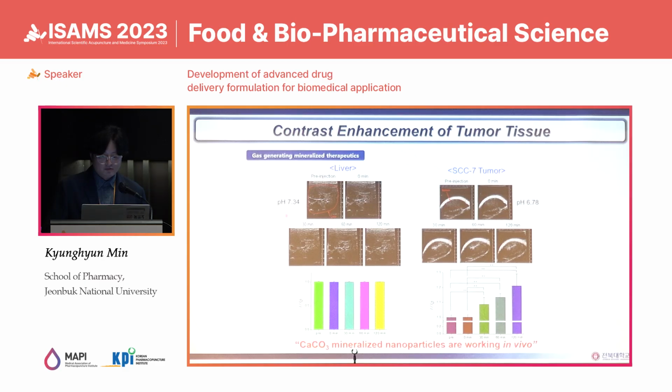At the liver tissue, there is no variation in the ultrasound signals. On the other hand, at the tumoral tissue, the injected nanoparticles gradually generate enhanced ultrasound contrast imaging.